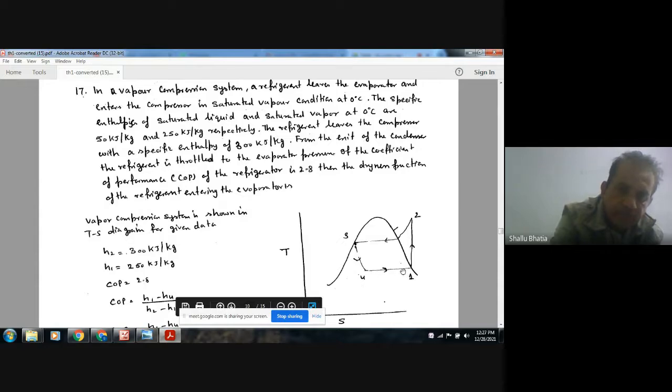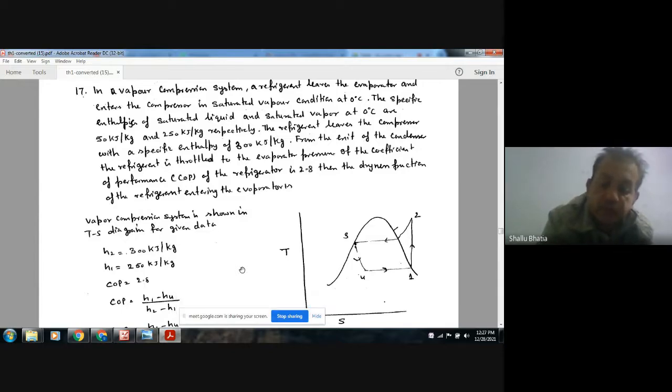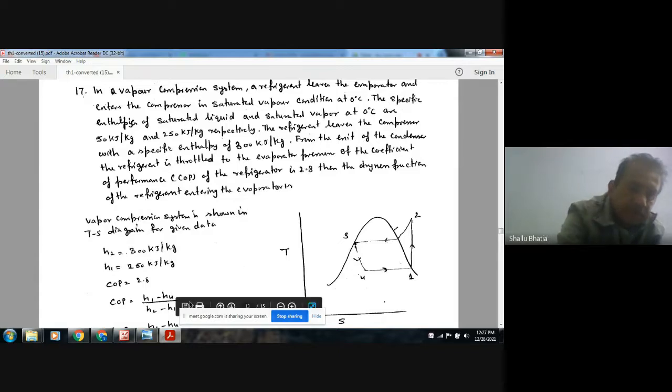H1 minus H4 is the refrigerating effect, and H2 minus H1 is the compressor work. So this is refrigerating effect by compressor work. H2 minus H1 is 300 minus 250, and COP is 2.8.